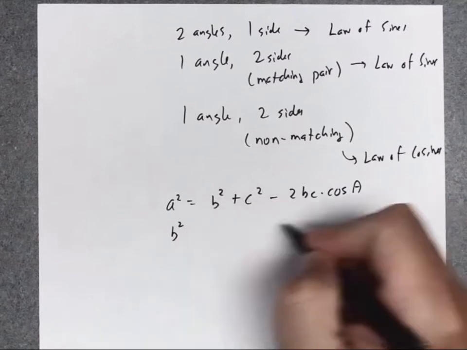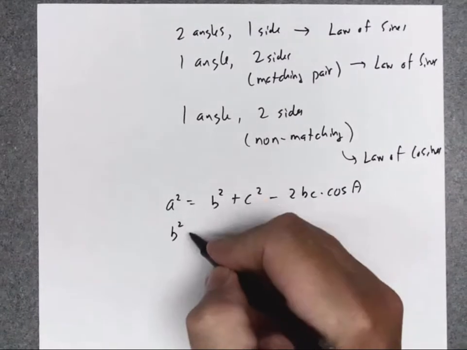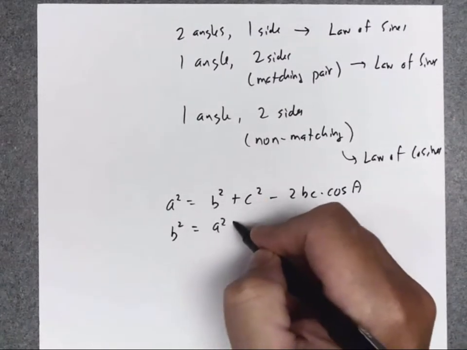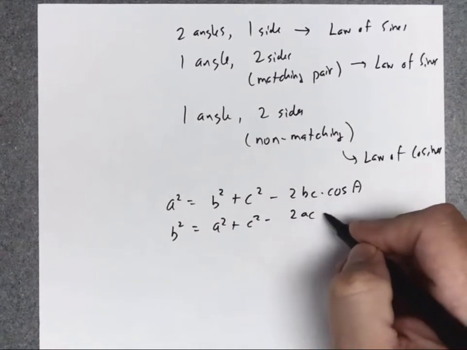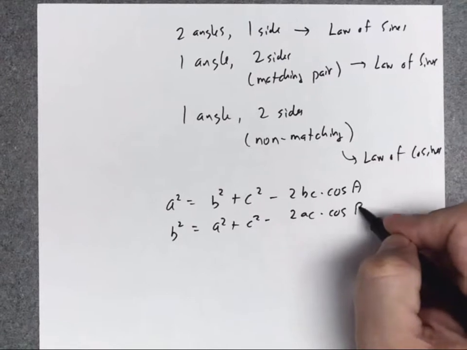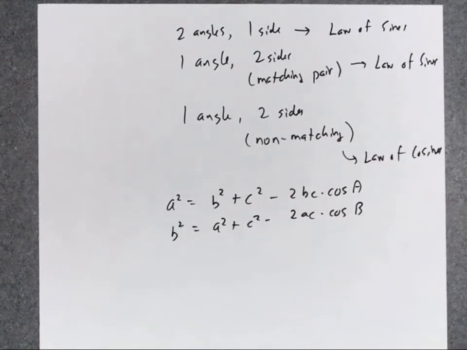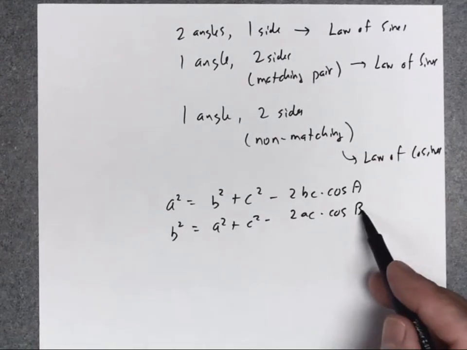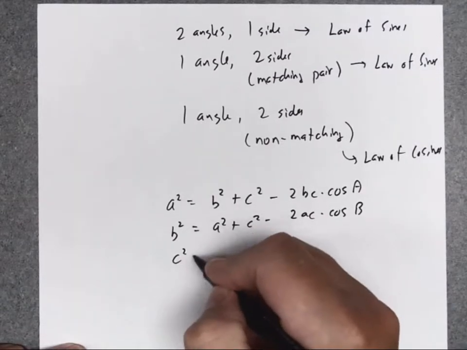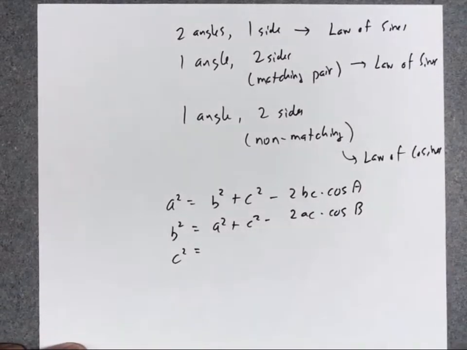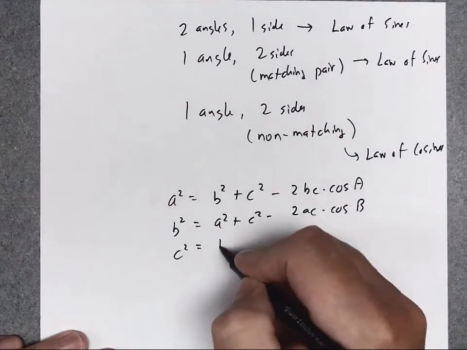I have another Law of Cosines if I want the B squared over here. And you can see these all start to look very similar. So here's B squared, over here is the cosine of angle B, and I've got some A's and C's in here. And then I have a third Law of Cosines if I want C squared over here.